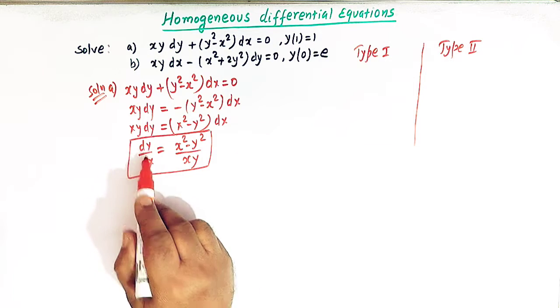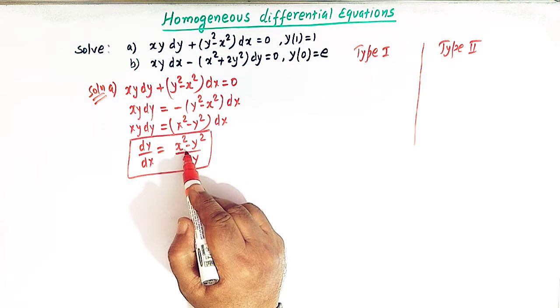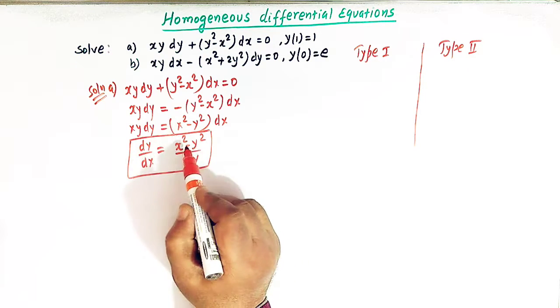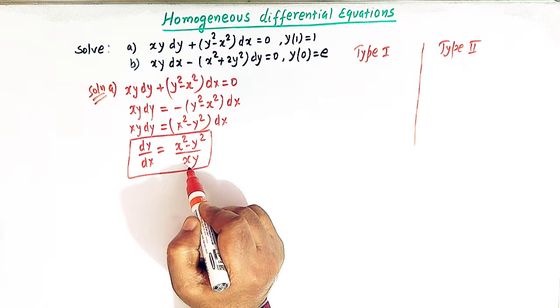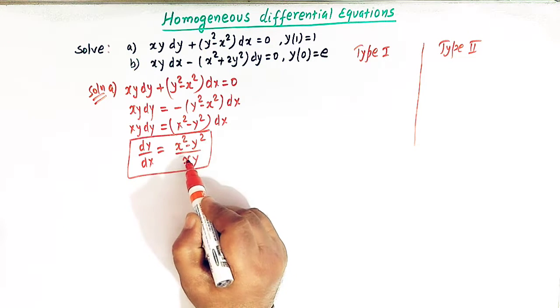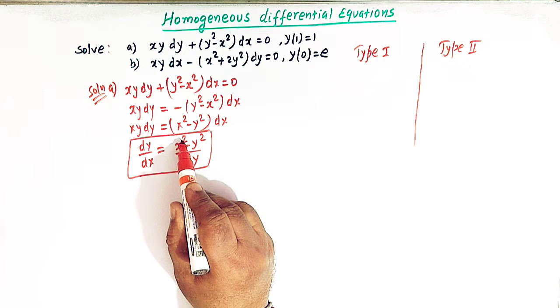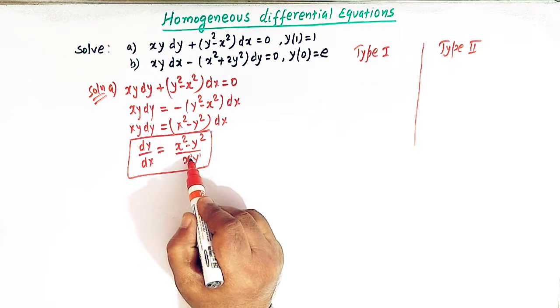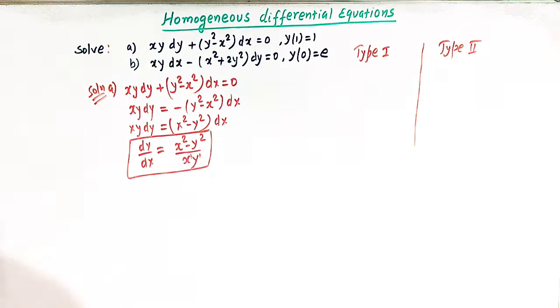So here we have dy over dx is equal to (x square minus y square) over xy. And now we can see that here the numerator and denominator both have degree 2, right? The degree of the numerator is 2 and the degree of the denominator is 2, because here we have 1 and here we have 1, so this is 1 plus 1, 2.